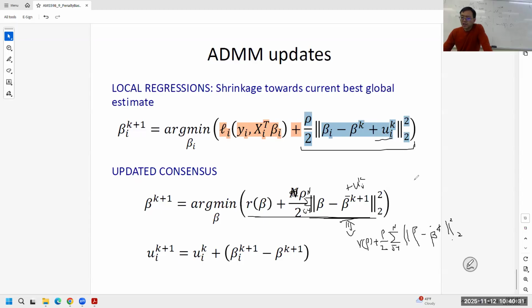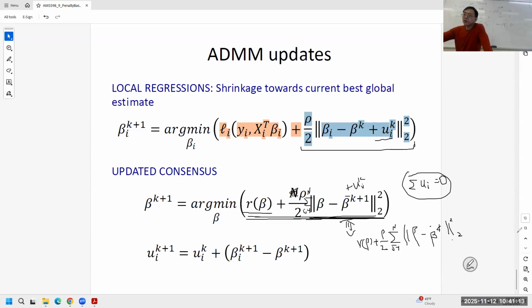This is based on the fact that the summation of u_i is equal to 0, because we showed before the summation of u_i is equal to 0. I'll leave the derivative to you. If you take the derivative of this function, this derivative you can keep, then the second derivative becomes linear. So this becomes the summation of beta minus beta bar plus u_k. Since the summation of u_i equals 0, in the first order derivative the u_i is gone.